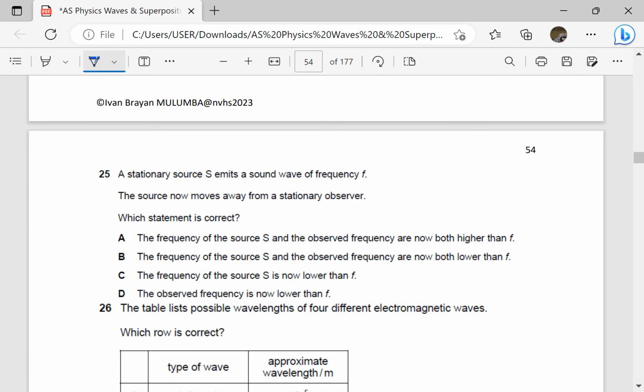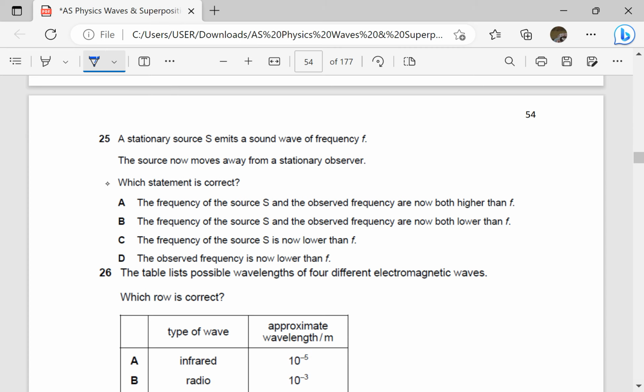A stationary source emits a sound wave of frequency f. The source now moves away from a stationary observer. Which statement is correct? It moves away. So if it moves away, the frequency must automatically decrease. The frequency of the source S and the observed frequency are now both higher than f.